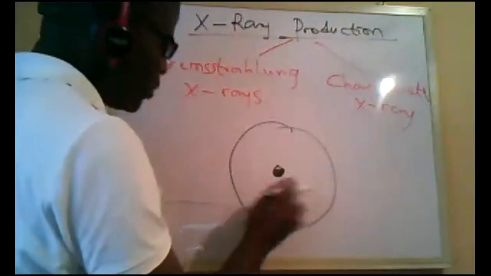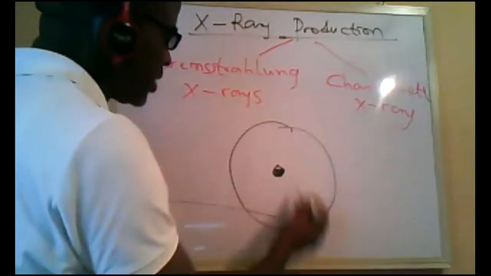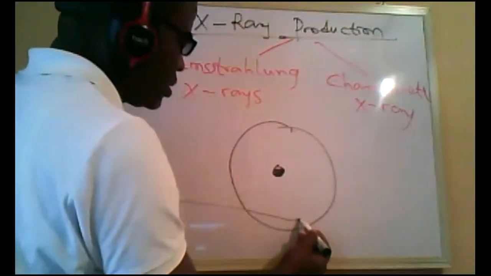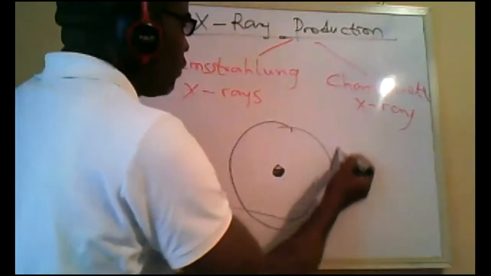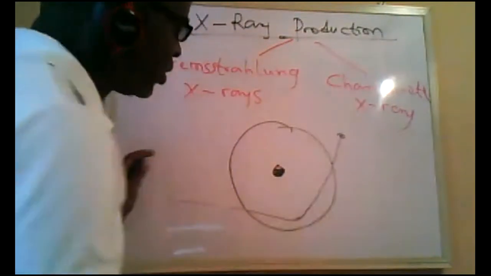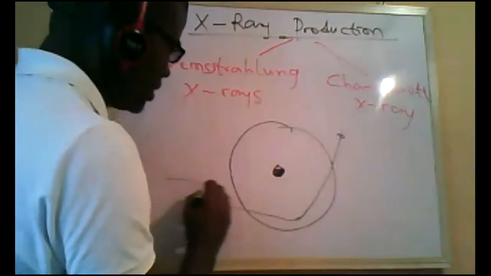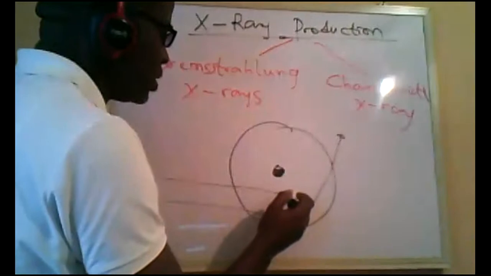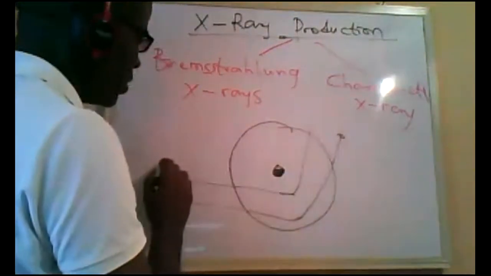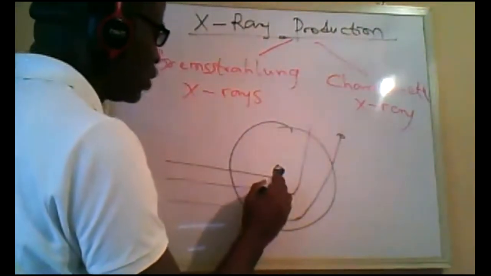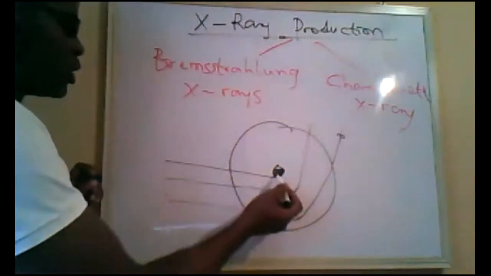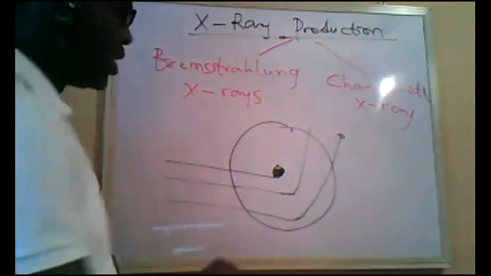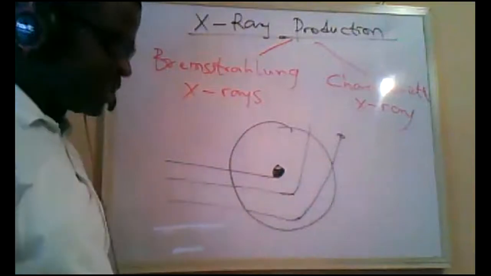Of course, this is positive and these electrons are negative, so they'll be attracted to it, forming a kind of deceleration. Some will come some distance away from it and will also be decelerated, whereas some will come into the proximity of the nucleus. This one will undergo the greatest amount of retardation.